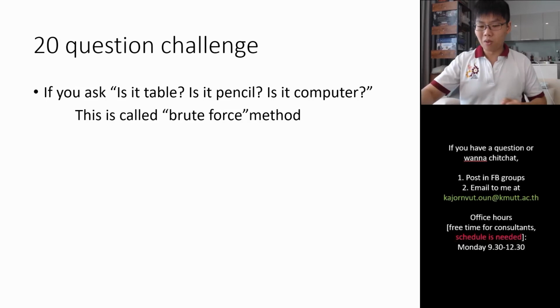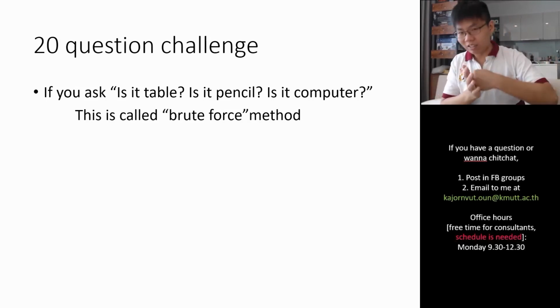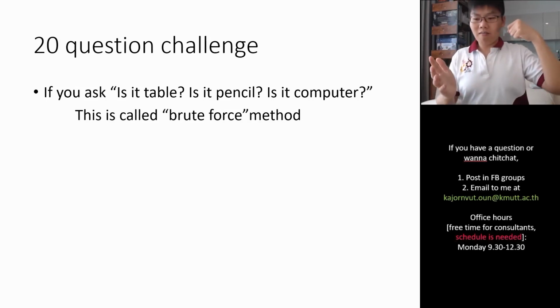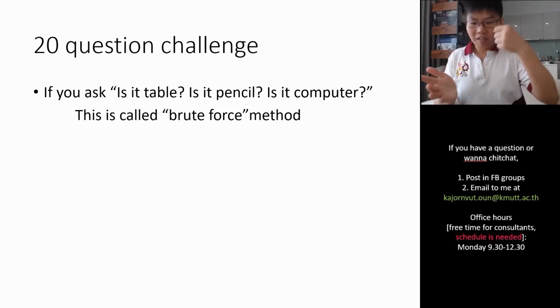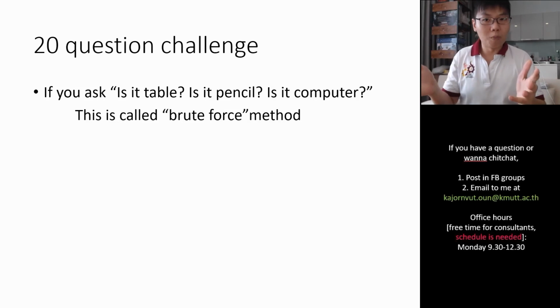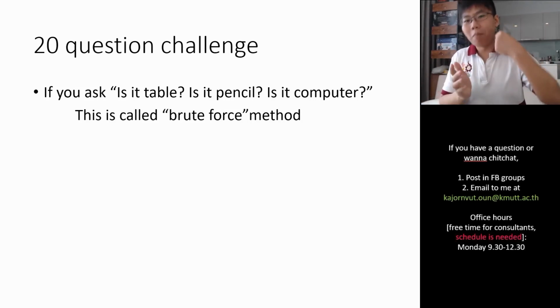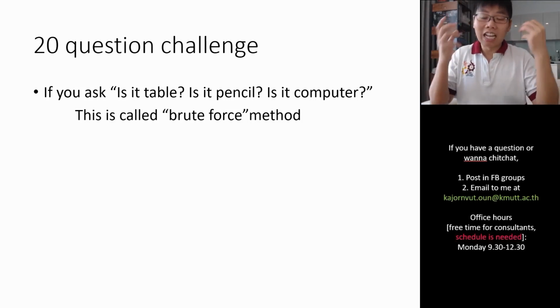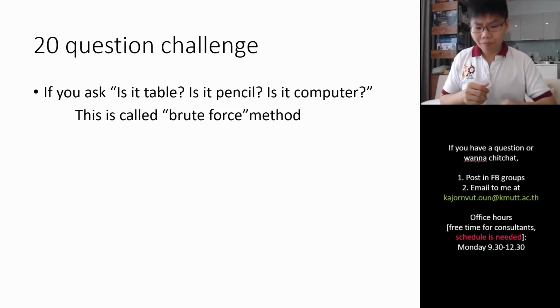You put a lot of effort into asking one by one, is that a number, is that a mouse, is that a keyboard? You don't try to scope down the result or search space at all, but you just ask one by one and beat it one by one. And it's a lot of effort to do that.